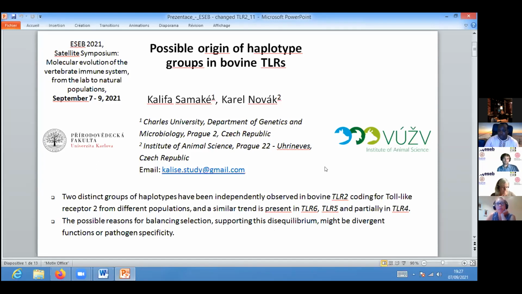TLRs are at the beginning of the toll-like signaling pathway. In cattle, they are divided into two paralogs.